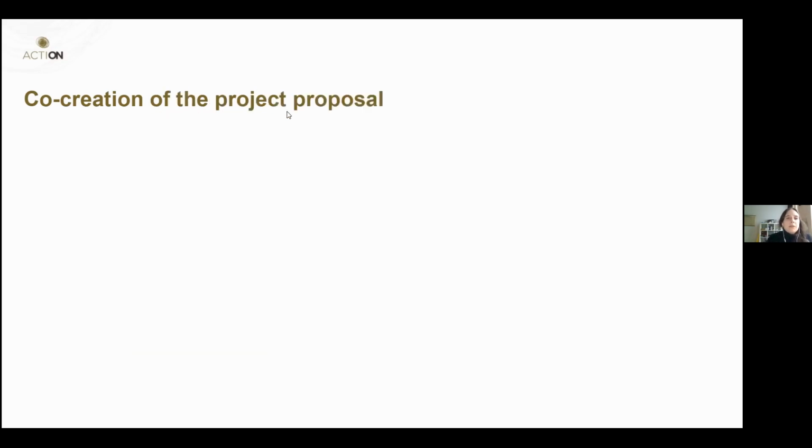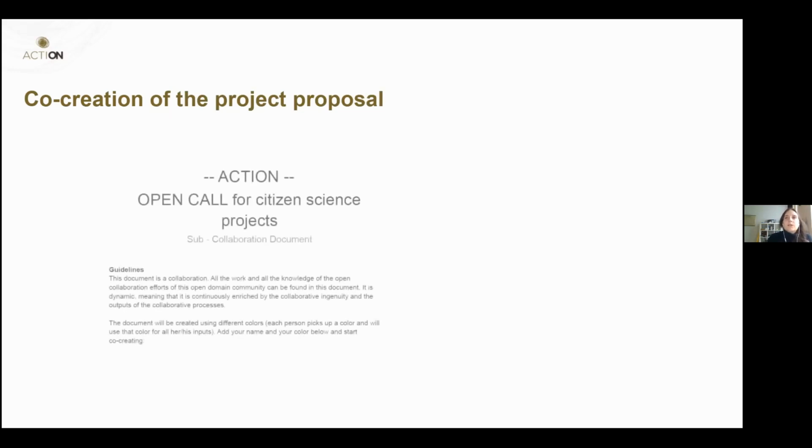Here is how the co-creation happens in practice. I took an example from how we co-created the project proposal for Action. The co-creation must always have a driver, the person who takes care that the procedure leads to an outcome in the end.